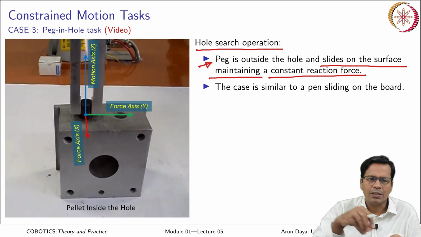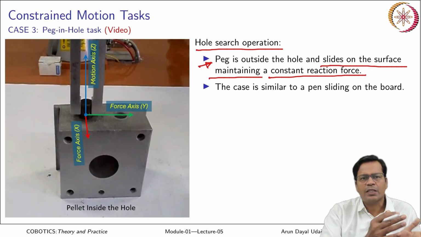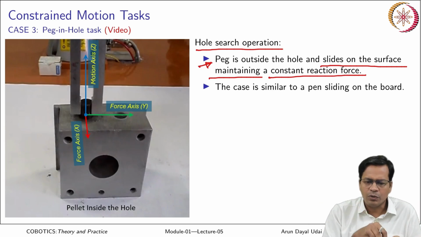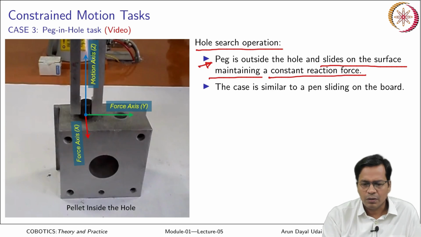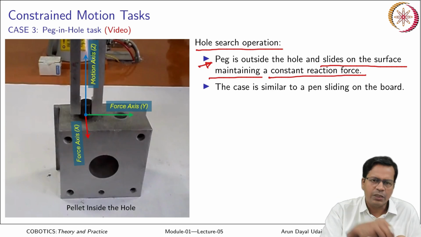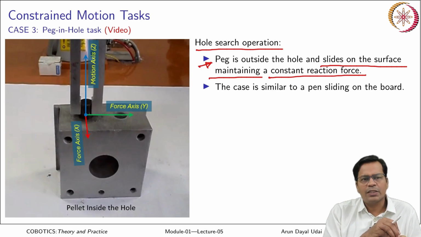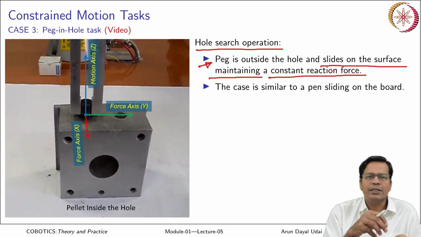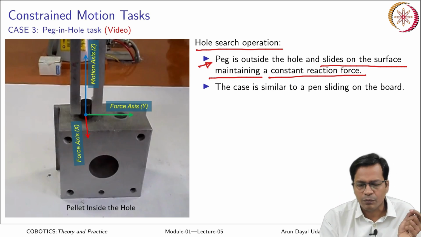So, in those cases it searches for the edges and continuously monitors the forces, and finally it finds the hole. Hole searching is a different algorithm altogether. So, as soon as it finds the hole, it simply drops the pellet if it is gravity supported, or it simply does the gravity guided or the force guided insertion process. That is the second phase of it.